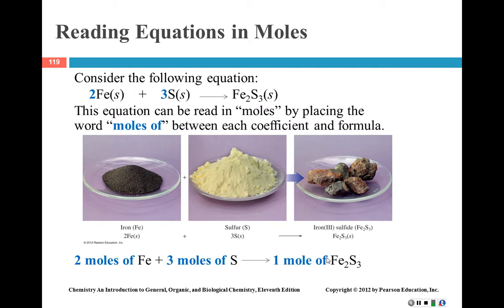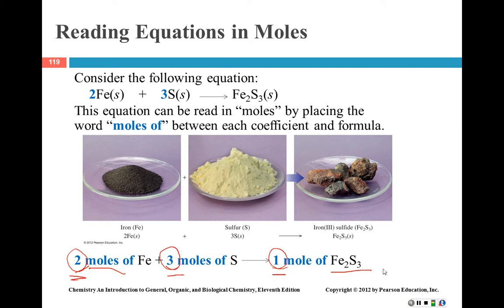For this reaction to occur, you're going to have 2 moles of iron, 3 moles of sulfur, and you're going to produce 1 mole of ferric sulfide. Now, if you don't have 2 moles of iron, then you can't produce 1 mole of ferric sulfide. It'll be less than that. So this ratio can change depending on how much you have of each of these reactants.